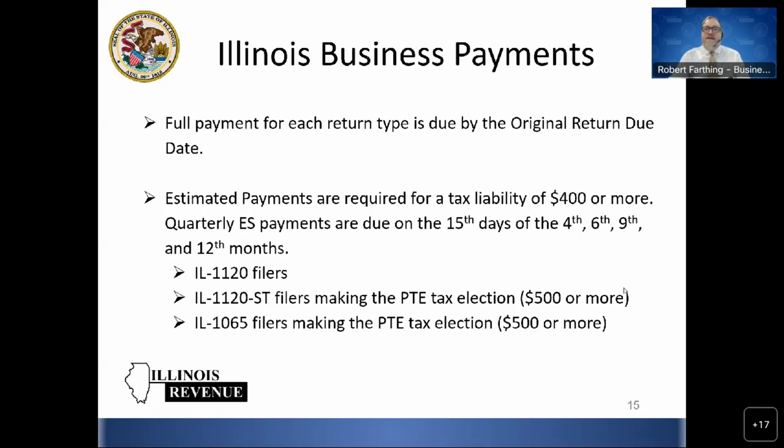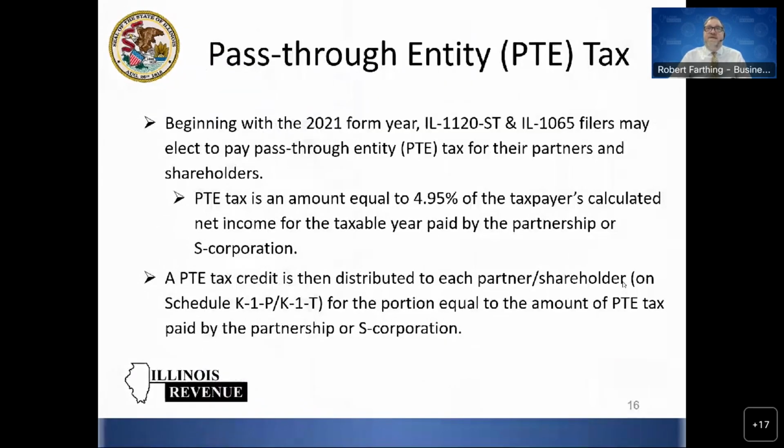As we go to the next slide, we'll begin talking about the pass-through entity tax. S corporations and partnerships may now elect to pay pass-through entity tax for their partners and shareholders. PTE tax is an amount equal to 4.95% of the taxpayer's calculated net income for the taxable year.